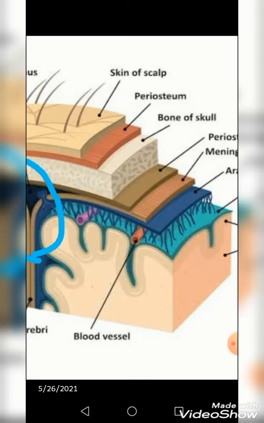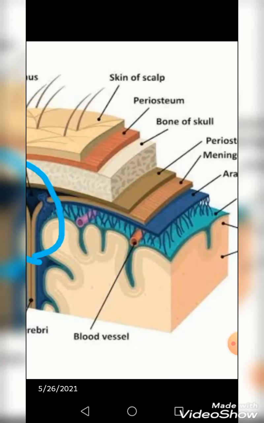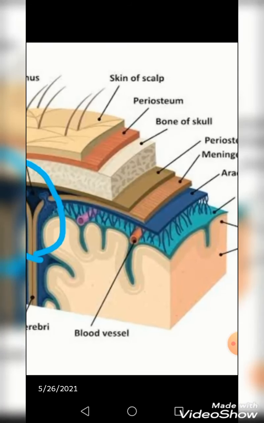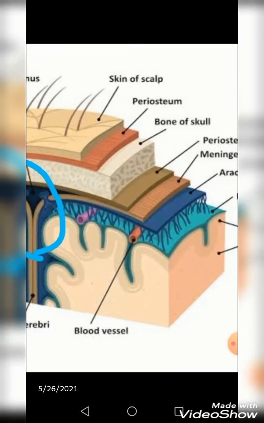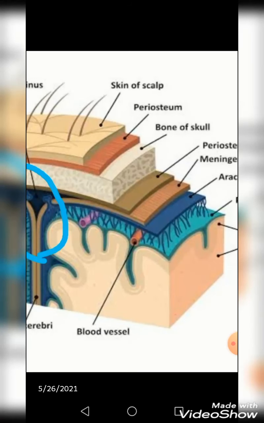The pia does not directly contact nerve cells or fibers, right? That is very important. So we should know that it is separated from the nervous elements below by which structure? By a very thin superficial layer of astrocytic processes, and we call this the glia limitans, right? And that should be firmly adherent to the pia.